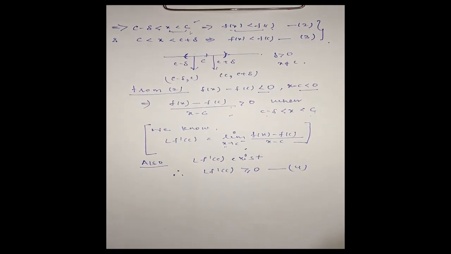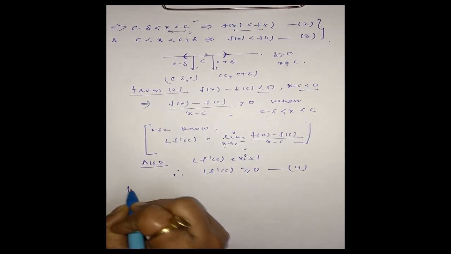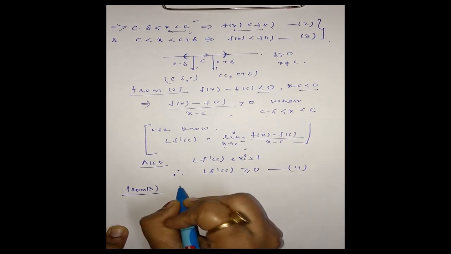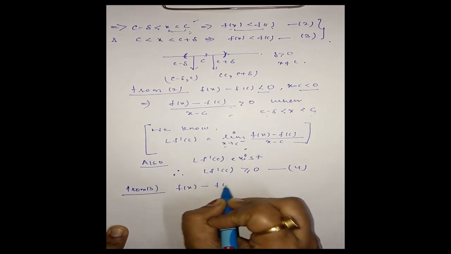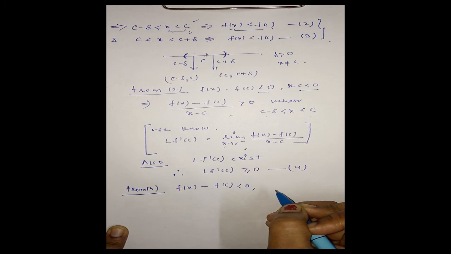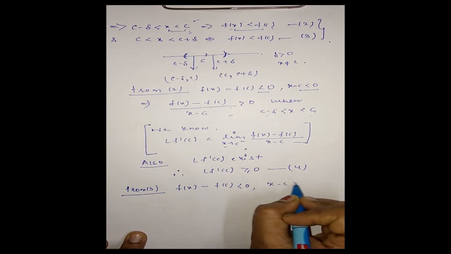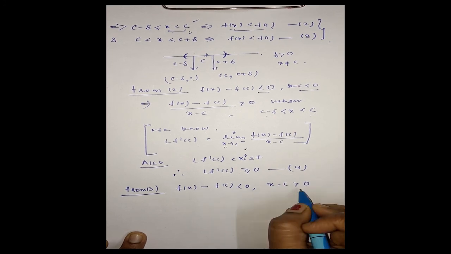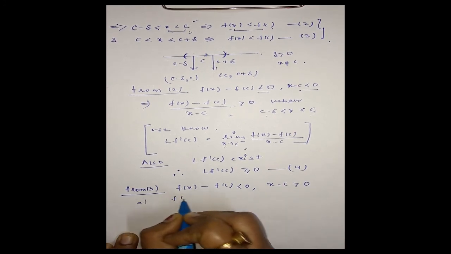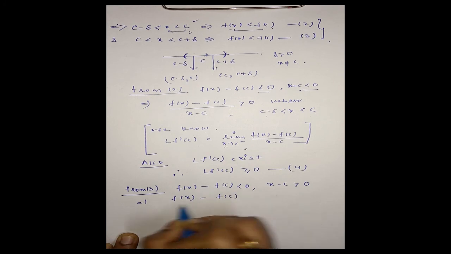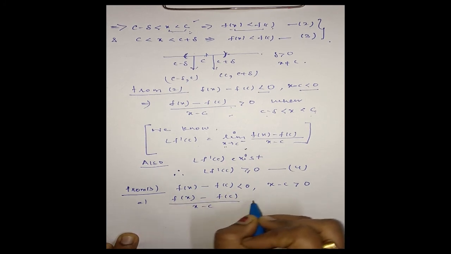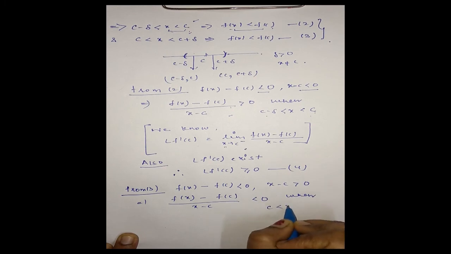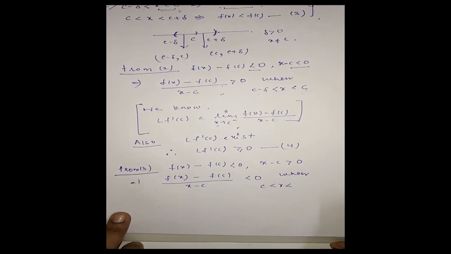Clear? Now, in the same way, from 3 we have f(x) minus f(c) is less than 0, but x minus c is positive since the interval is c to c plus delta. This means (f(x) minus f(c)) divided by (x minus c) is less than 0 when c less than x less than c plus delta.